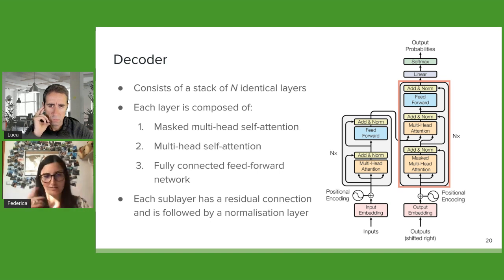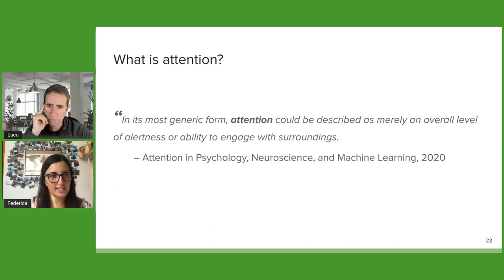But this is foggy, I know, because we don't know what attention is. So we can see it here. Positional encoding is applied also here. You can see, but I have already said that.